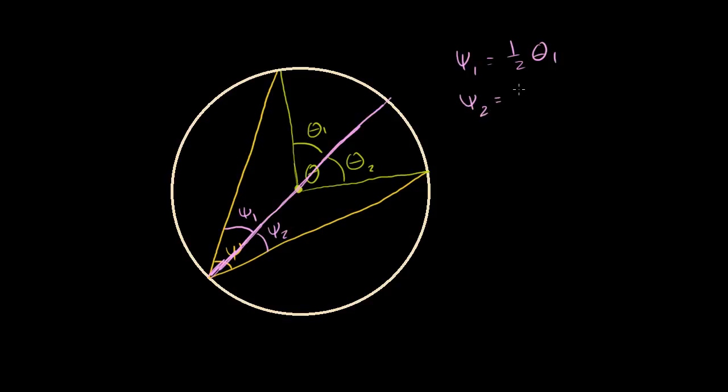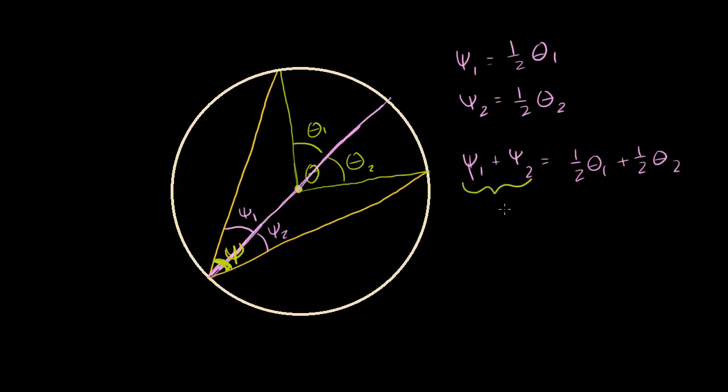And so psi, which is psi 1 plus psi 2, is going to be equal to 1/2 theta 1 plus 1/2 theta 2.